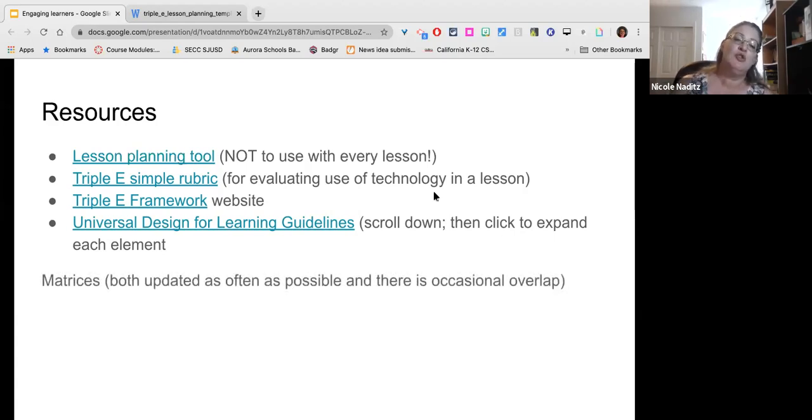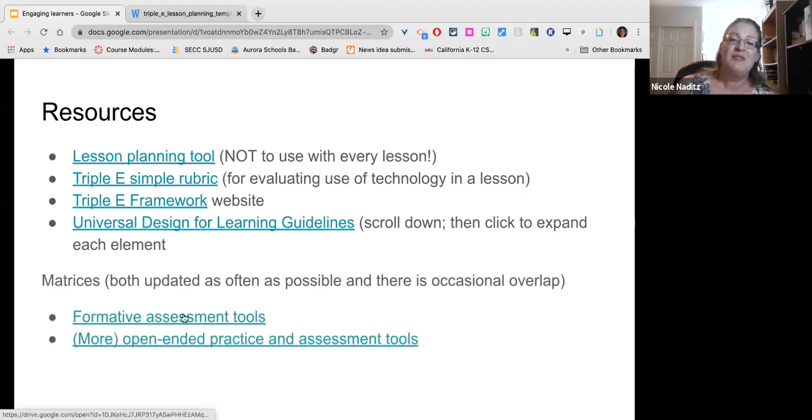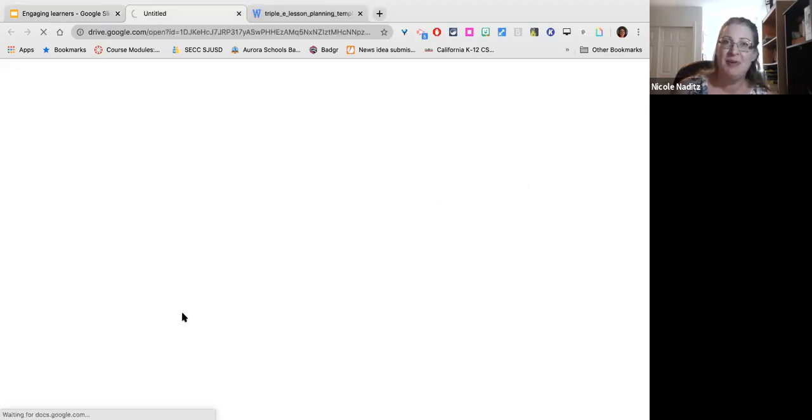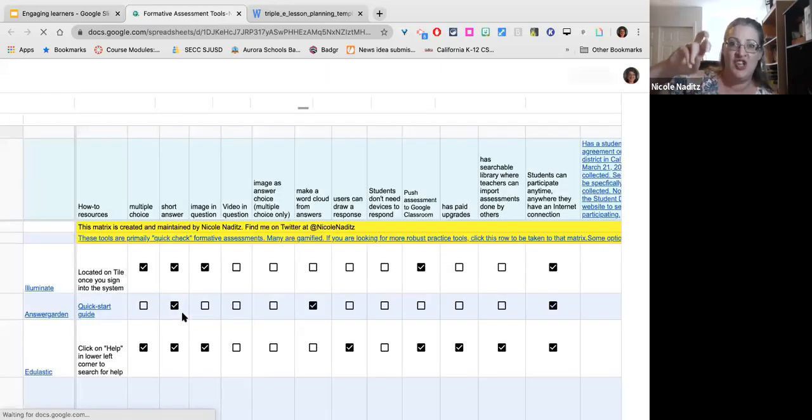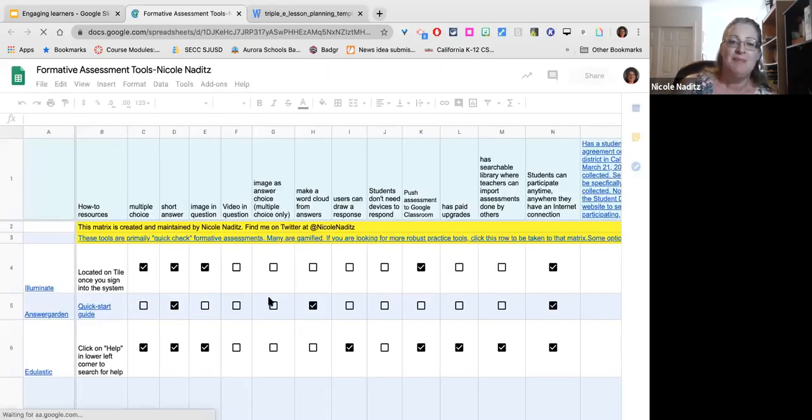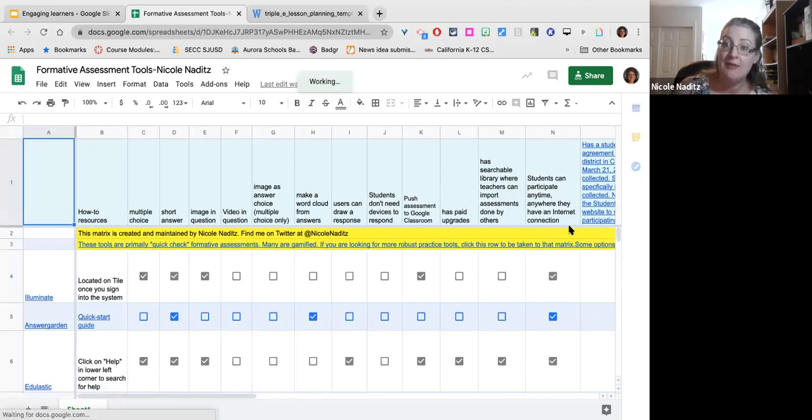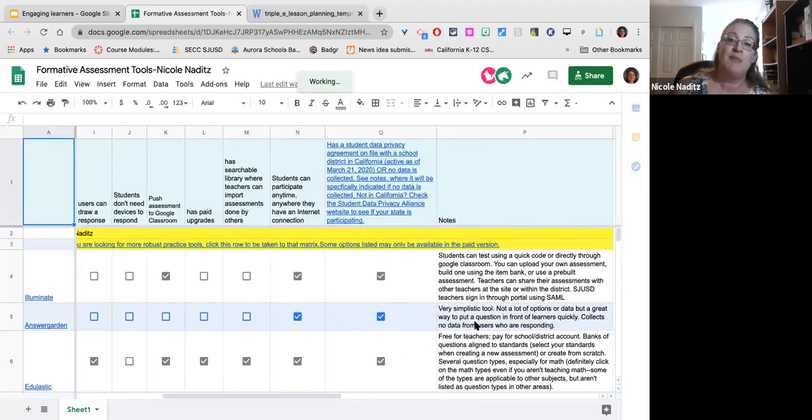And I gave you links to 2 matrices: a formative assessment tools matrix, and a matrix of practice and assessment tools that are typically more open-ended than those quick checks for understanding. These matrices give you a way to check at a glance for the features you're looking for in a tool. The second column on the left gives you how-to resources. The last column on the right gives you some notes from my own experience or exploration of the tools.